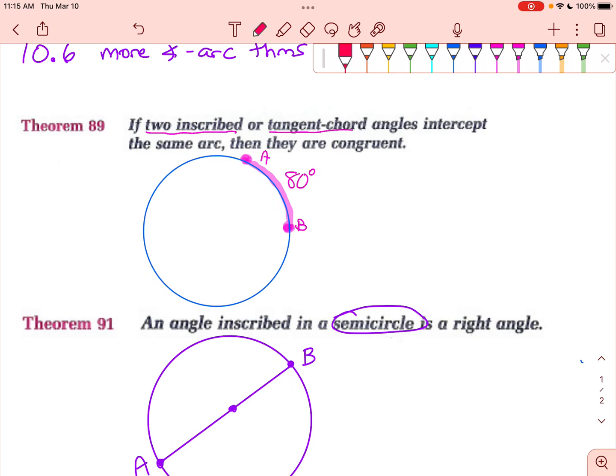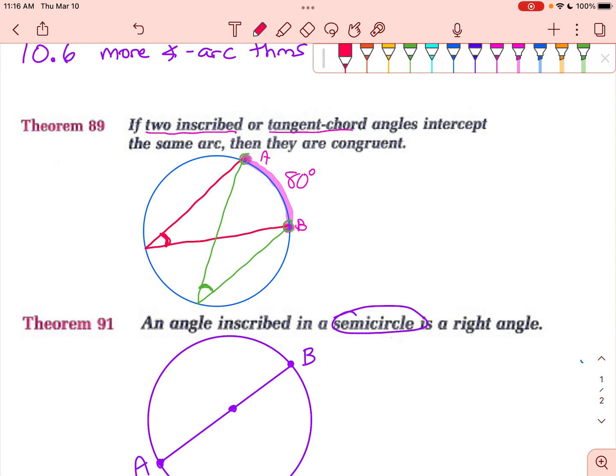Okay, so again, this is what it means. If I was to draw an angle like this, and then a second angle using that same arc with the endpoints of AB, this angle right here has to equal this angle right here.